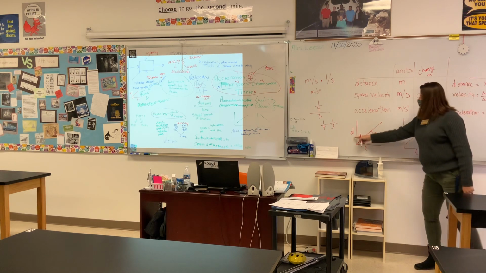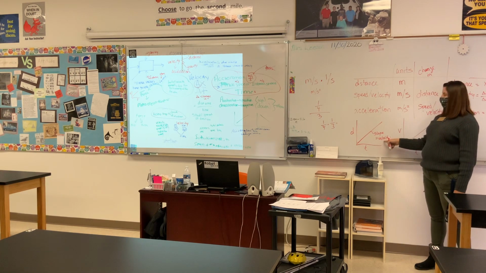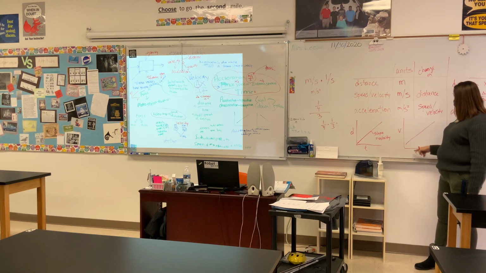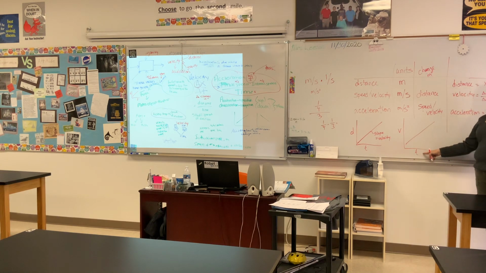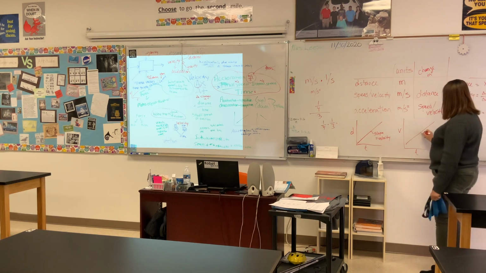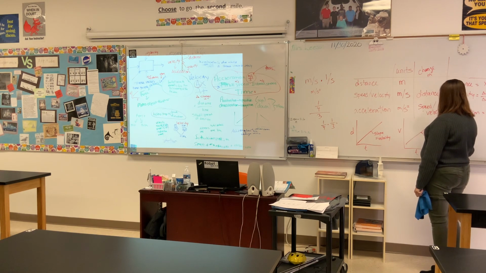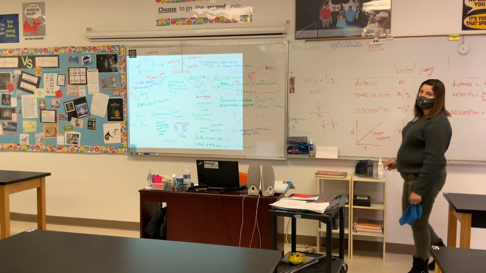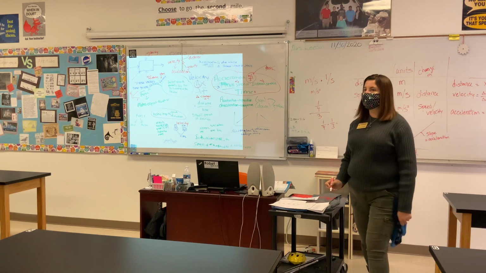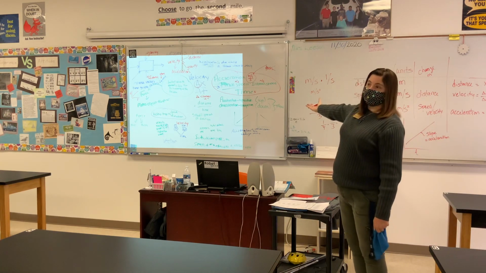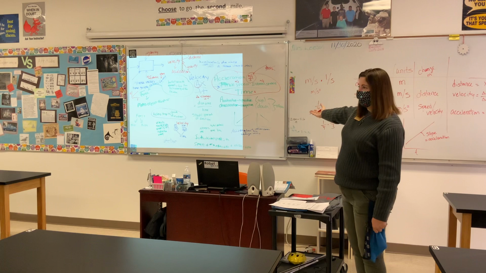If distance time shows velocity, what is velocity time going to show? Acceleration. Yeah. Slope will show the acceleration. Shocking. Do you guys know a lot of stuff already? Yeah, you really, really do.